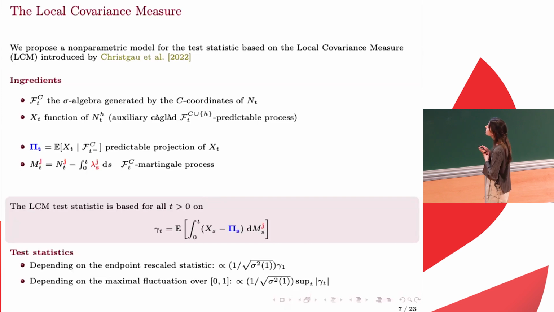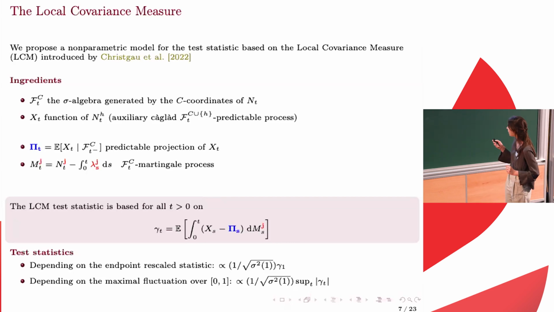Then we can build the local covariance measure test statistic, which is a kind of correlation between the residual when I project X with respect to the information that I have and the martingale part of my outcome process. Just think of it as a covariance between a functional of my treatment and a functional of my outcome, when I project with respect to the information that I have.